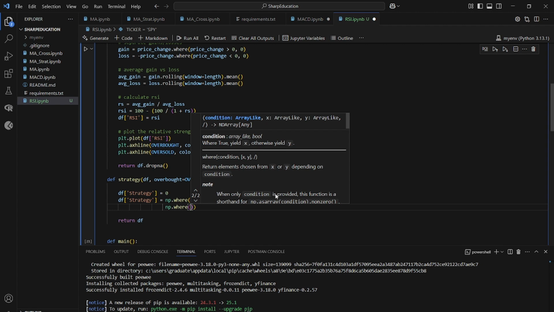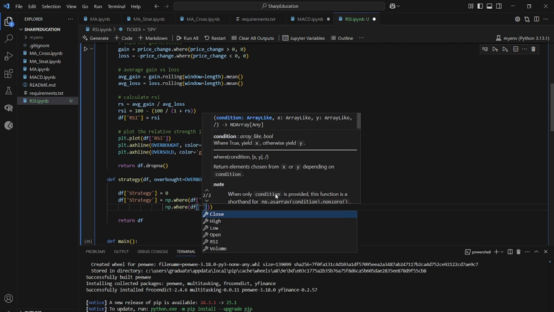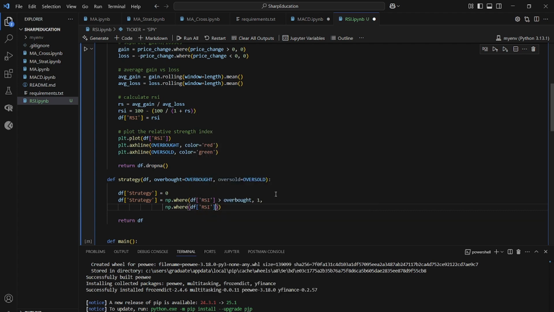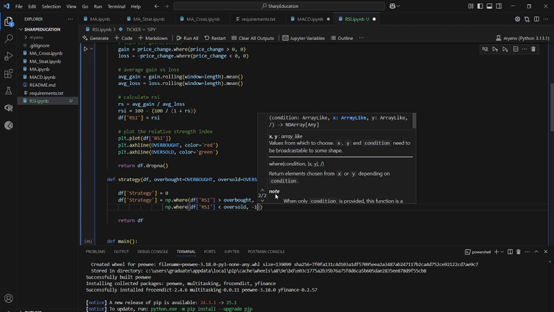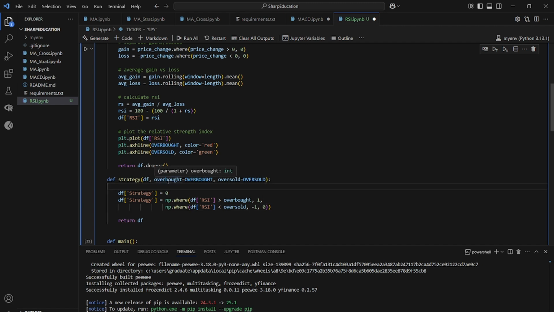This is a bit complicated, but we can do it. Let's np.where df RSI is less than oversold. We get a -1. Otherwise, it's just 0. So where the relative strength index is not overbought, it is going to be, depending on what the value is, a -1 or a 0 based on whether or not it is oversold.